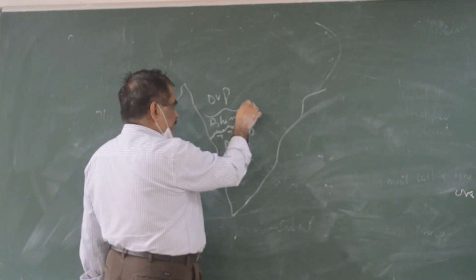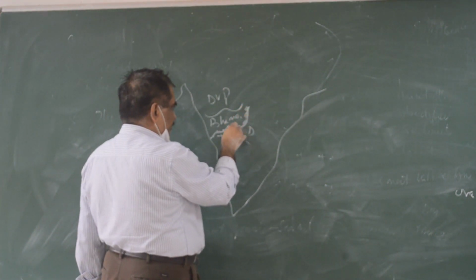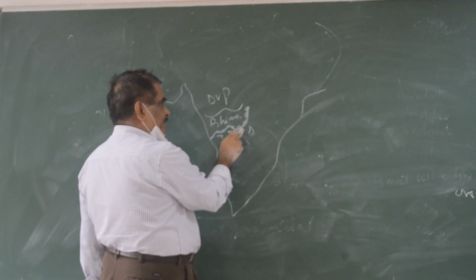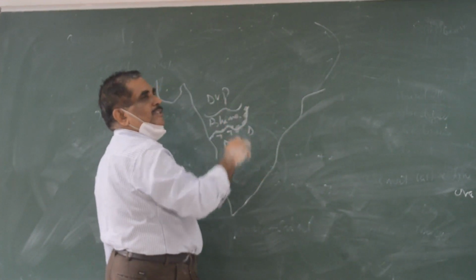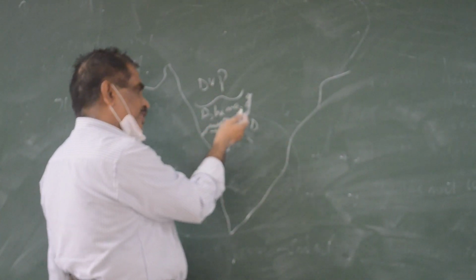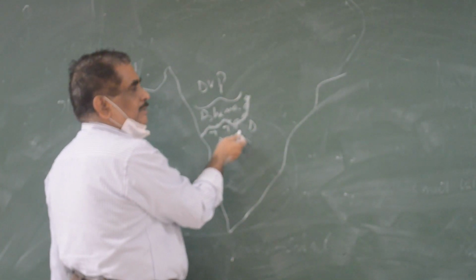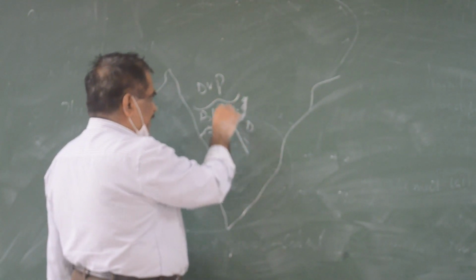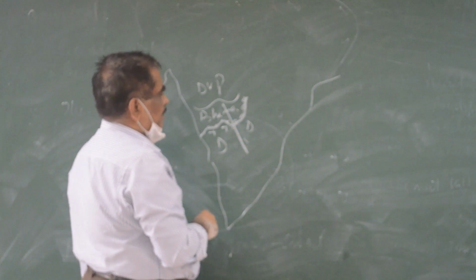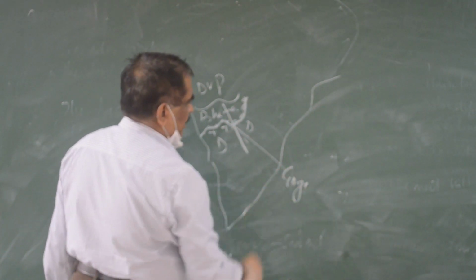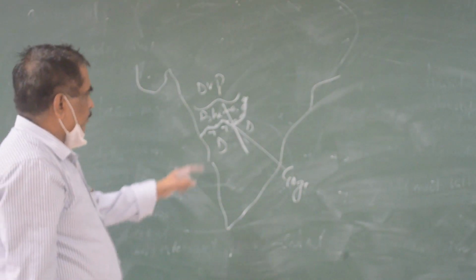Now here is your basin margin fault. This basin margin fault subsequently has become a basin margin thrust. So Bhima rocks have been thrusted over Dharwad rocks. If you take a cross section like this, there is a place called Bogi in Karnataka, we are working there.